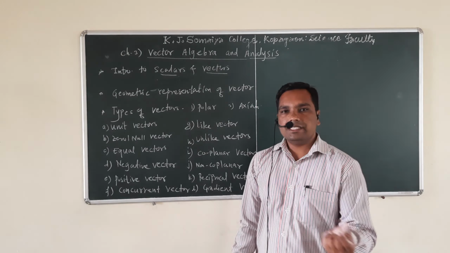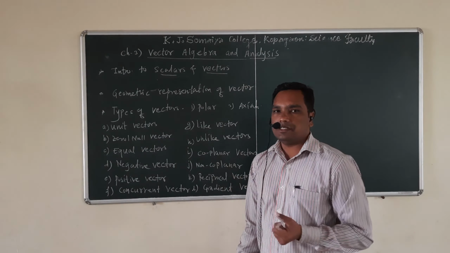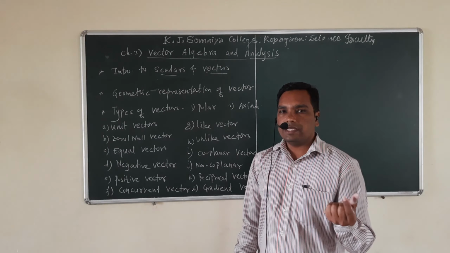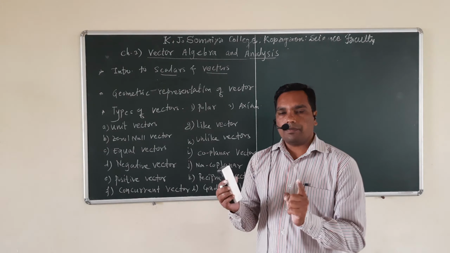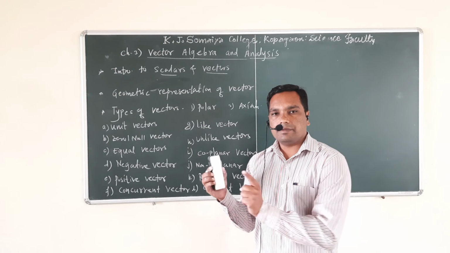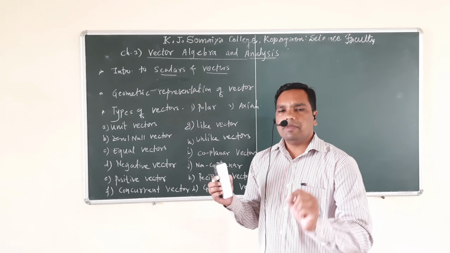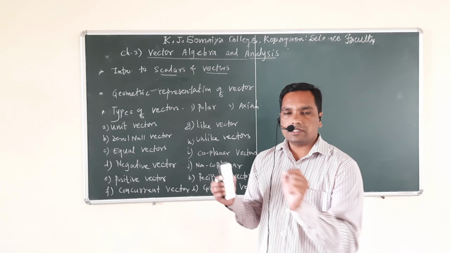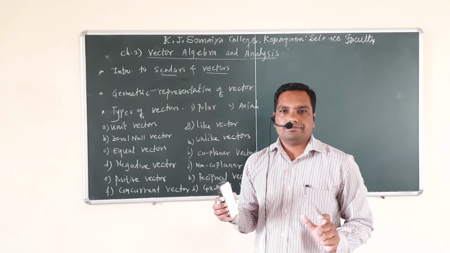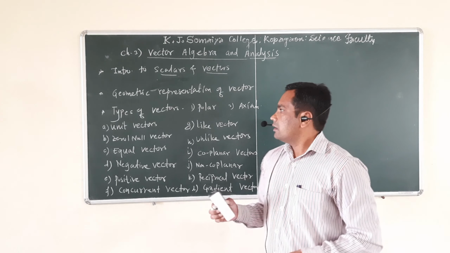Like 2 kg plus 3 kg is 5 kg. You cannot add 2 kg and 3 gram. So the unit of those two physical quantities must be the same. Similarly, for subtraction, multiplication and division, we have to specify the rules.